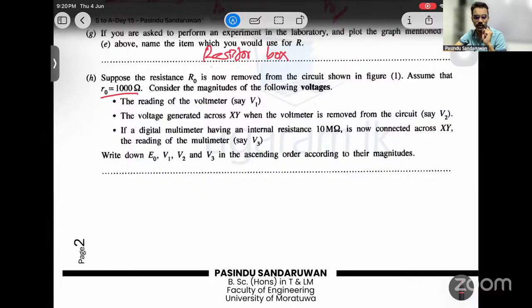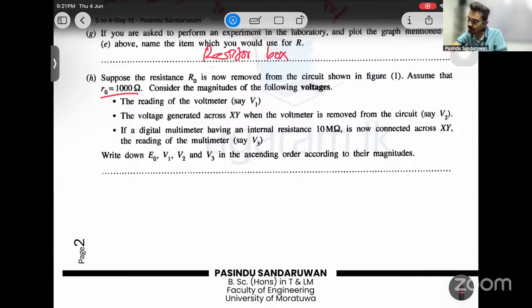It absorbs a small current, and current means an IR drop, so a voltage is absorbed. Then if the voltmeter is removed, the actual potential difference will be there across X and Y.